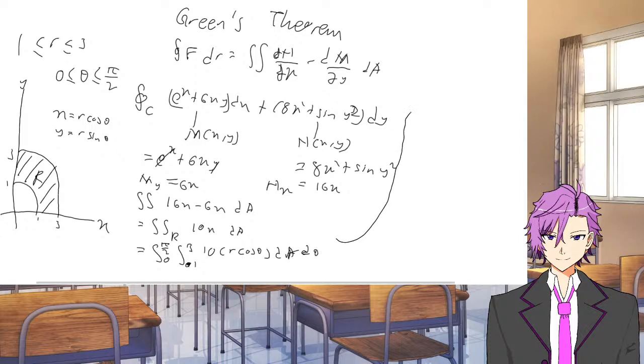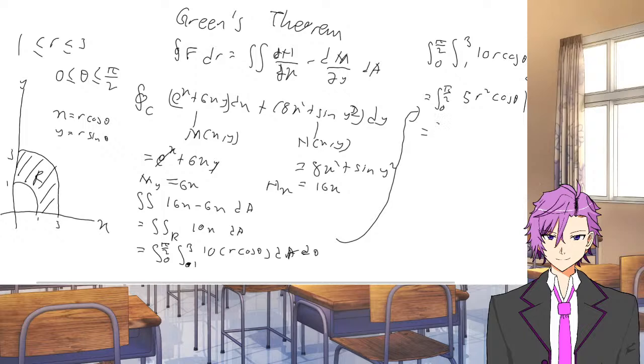So big arrow here so that we can calculate the integrals here. Integrate from 0 to pi over 2, 1 to 3, 10 r cosine theta dr d theta. So this would be 5r squared cosine theta from 1 to 3 d theta. Yeah, it's too small.